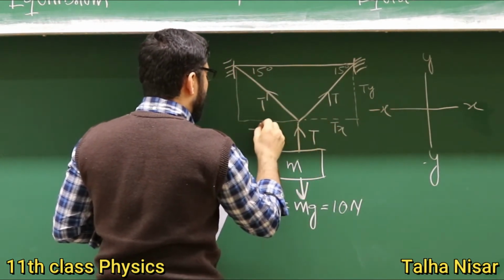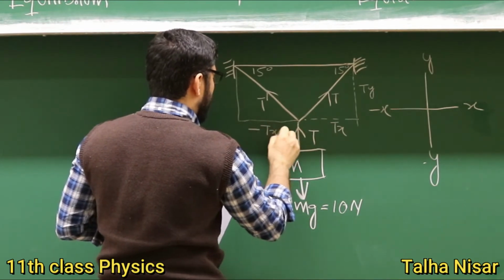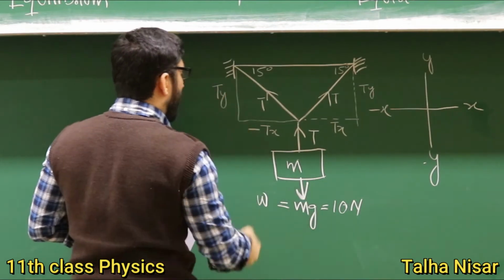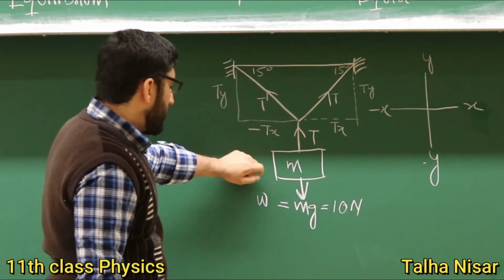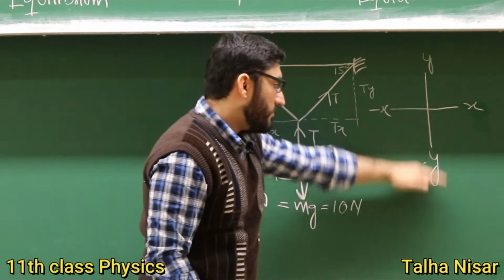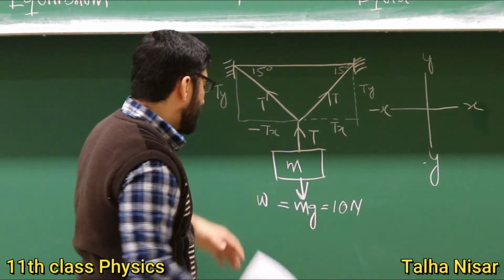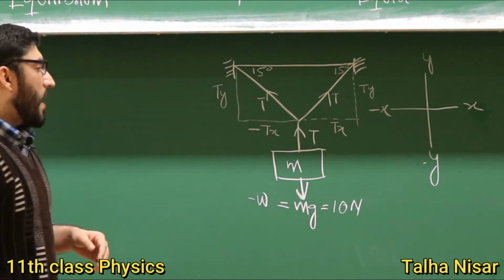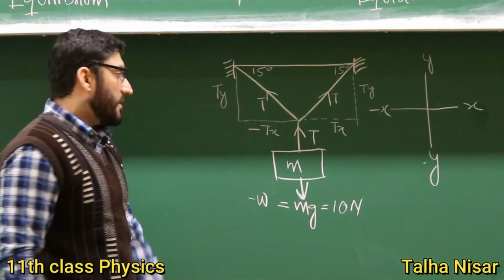So this is the minus Tx, and this is the plus Ty. And the gravitational force here, since it's in the minus y direction, is minus 10. So here the weight of this object is negative.